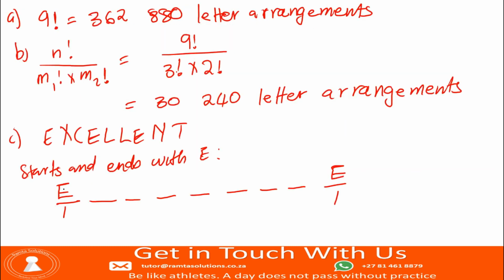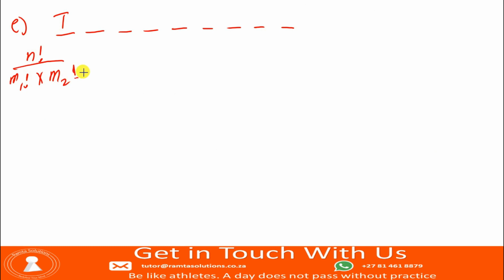Number E: how many letter arrangements can be made if the arrangement starts with a T? Number E, it starts with a T. Again, 1, 2, 3, 4, 5, 6, 7, 8, 9. What I know is that it is n factorial over m sub 1 factorial multiplied by m sub 2 factorial. Why? Because the L's are still repeating, the E's are still repeating.